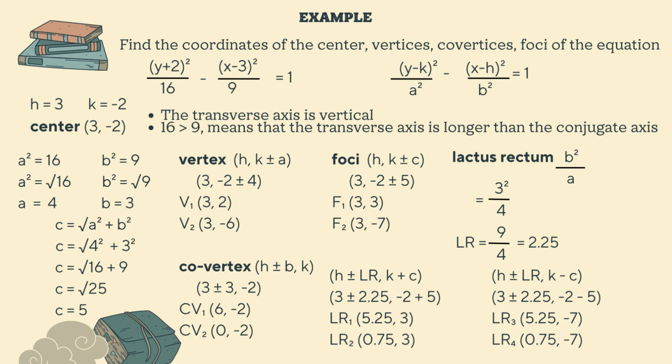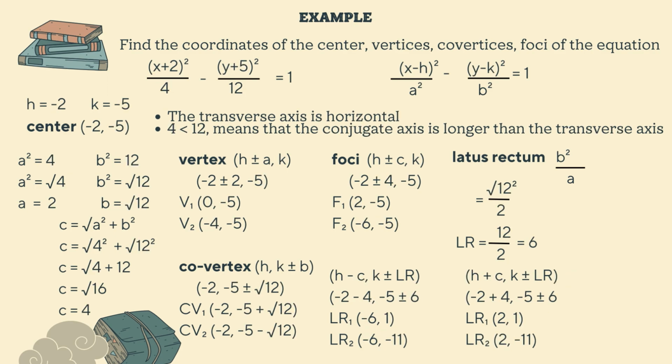So for LR3, we have (5.25, negative 7), and LR4, we have (0.75, negative 7). So those are the endpoints for our latus rectum. So what we solved are the coordinates for the center, vertices, co-vertices, foci, and latus rectum under the equation given.